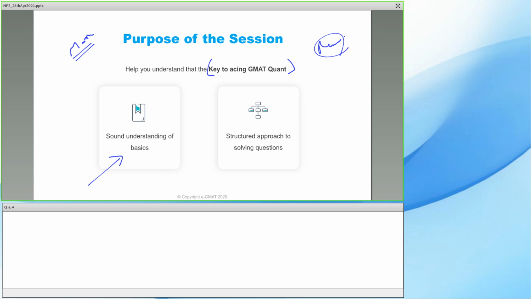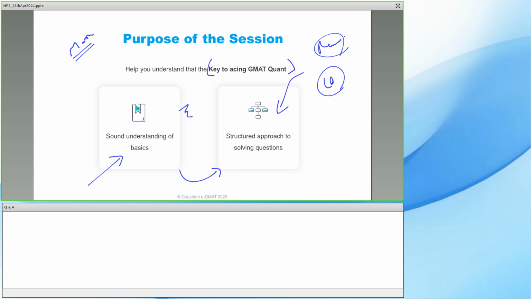That's it. But more than the math, what you need is an application of logic. The GMAT overall across the board, whether it is SC, CR, or quant, is more a test of logical ability than of anything else. It's your ability to apply logic that matters. So even in a math question, yes, you need to know some math fundamentals, but beyond that, you need to be able to apply logic coherently.